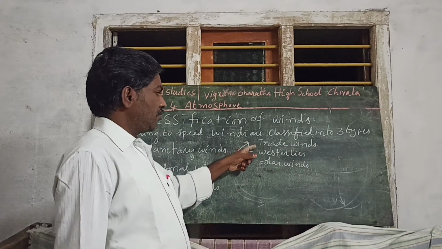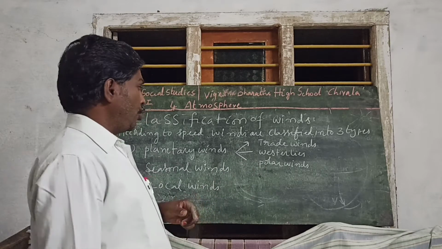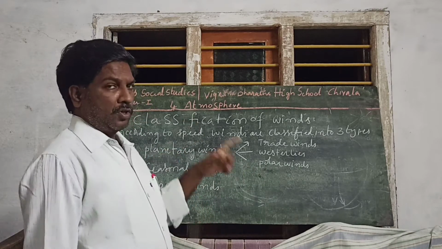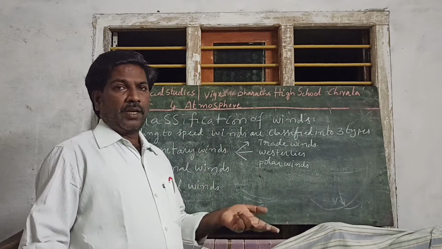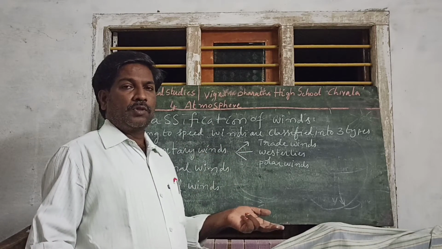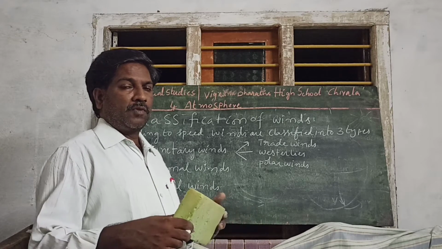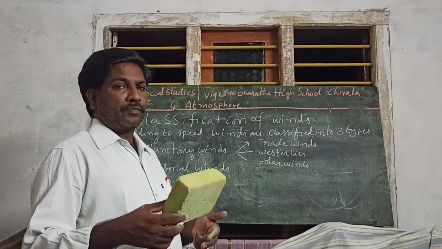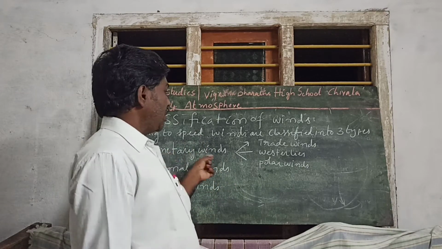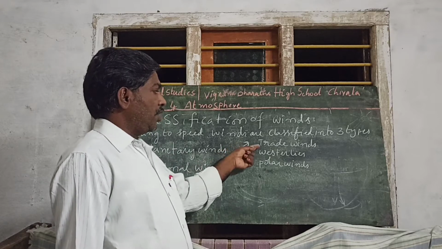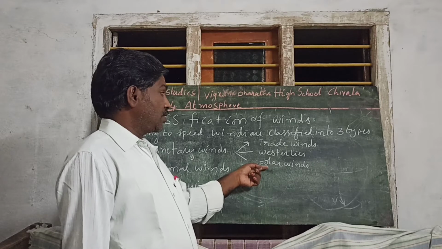These are three types of winds blowing throughout the world. Earth is a planet, and winds are blowing throughout the planet with different directions. North side one direction and south side one direction. So planetary winds are three types: trade winds, westerlies, and polar winds.